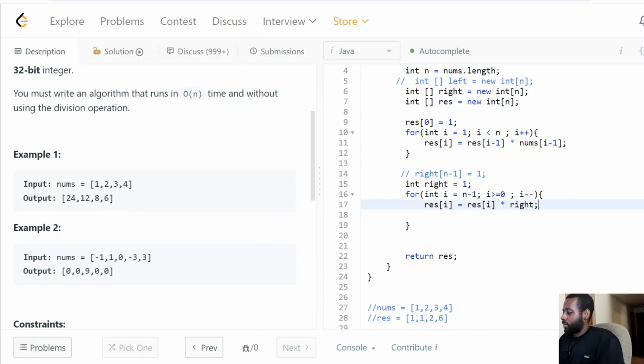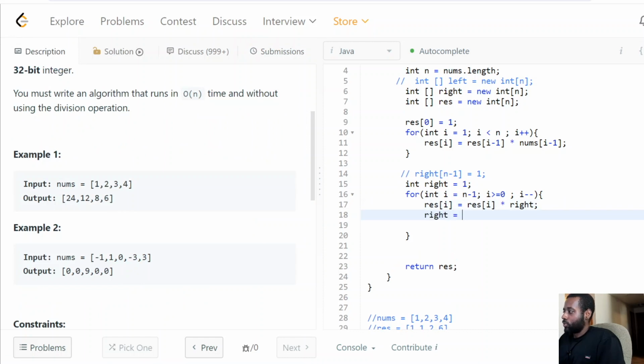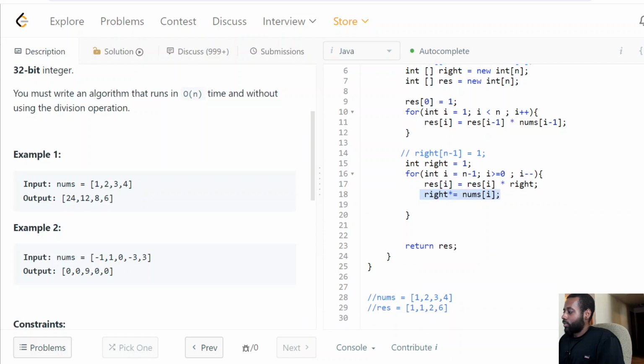Now before it goes to the next index, we multiply right by whatever number we're on right now, because it would be included. Instead of doing i plus 1, we dynamically add it to the right variable. So now it would be 1 times 4, because 4 is everything to its right so far.